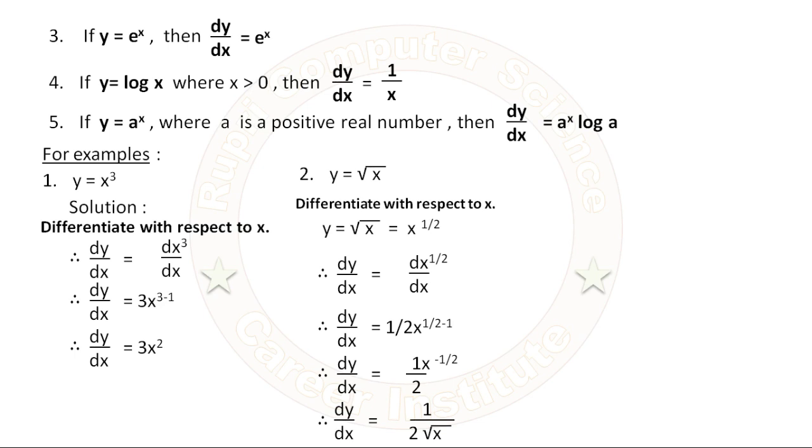Now next question, third: y is equal to 4 raised to x. Differentiate with respect to x. Therefore dy/dx is equal to d/dx of 4 raised to x.